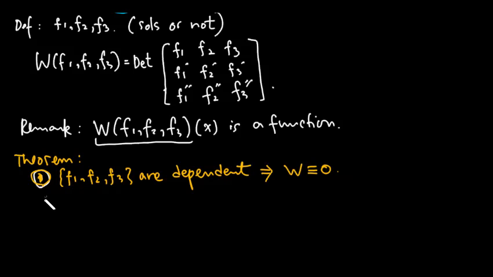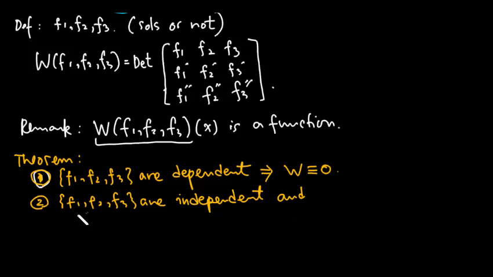So that's one statement. The second statement is about the situation where the 3 functions are independent from each other, and we don't have a conclusion about the Wronskian. We need an additional condition that all these fk's are solutions of homogeneous equations. An easy way to write it is that they're coming from the kernel of, in this case, a third order linear differential equation.